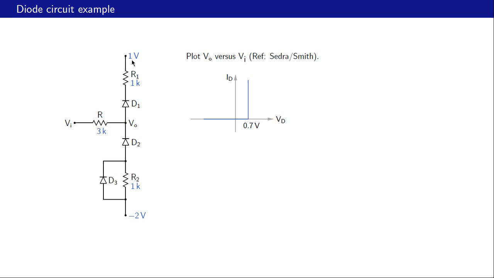This node is sitting at 1 volt with respect to ground, which is not shown in this circuit, and this node is sitting at minus 2 volts. We have 3 diodes, D1, D2, D3, so the circuit definitely looks very complicated, and let us see how to go about analyzing it.